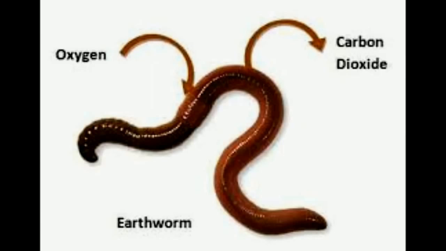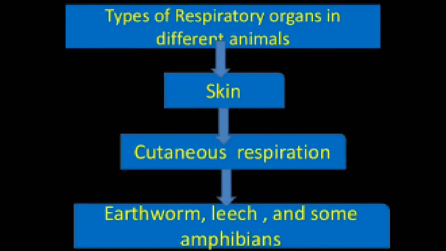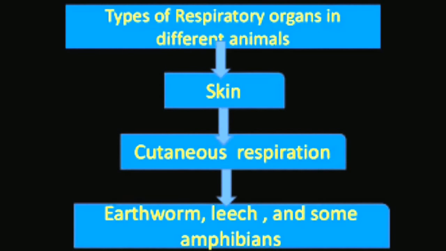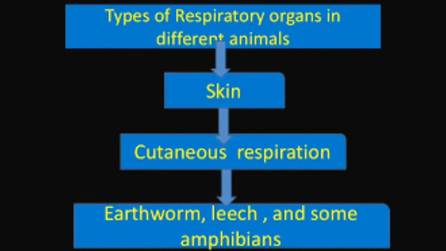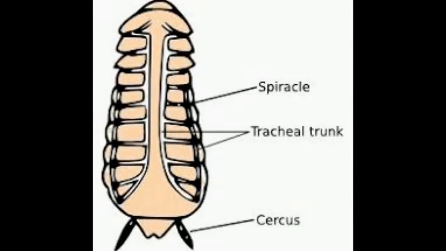The skin is supplied by many blood capillaries to exchange gases. So oxygen is diffused in through the skin and carbon dioxide is diffused out through the skin. Such respiration is called cutaneous respiration. It is performed by the earthworm and leech, as well as some amphibians like frog and salamander. So the skin plays a major role.